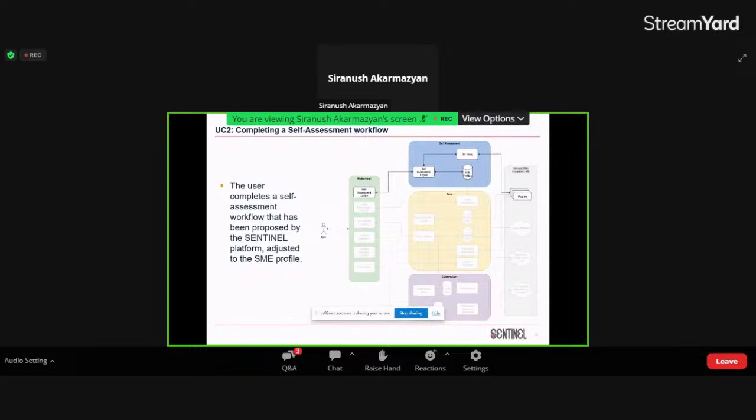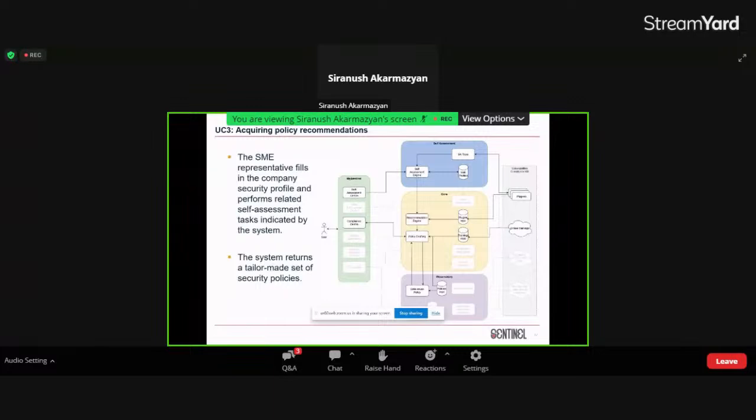After that, the user completes a self-assessment workflow proposed by the Sentinel platform, adjusted to the SME profile and the data provided. Then the SME representative fills in the company security profile and performs the related self-assessment tasks indicated by the system. After this step, the system returns a tailor-made set of security policies.